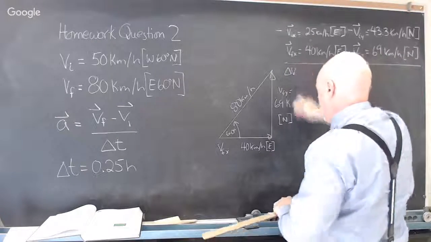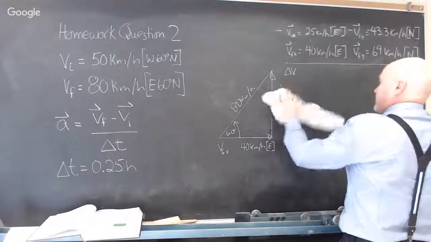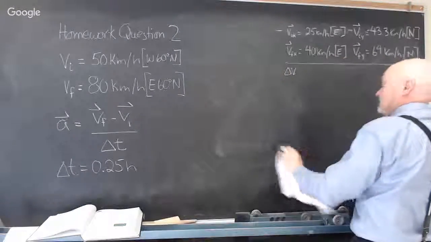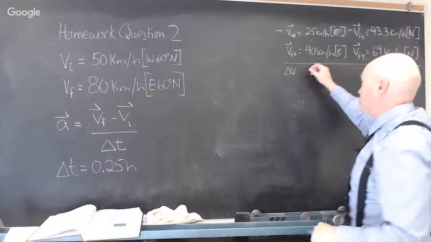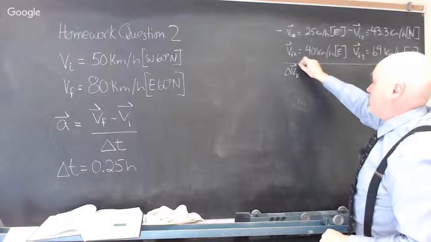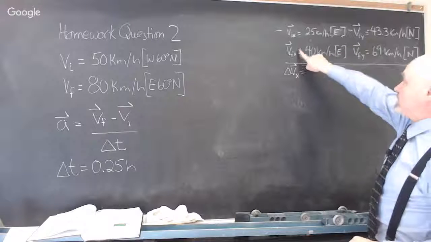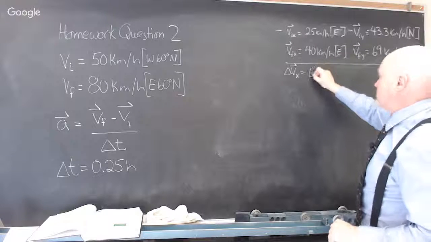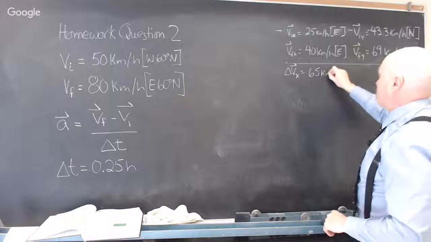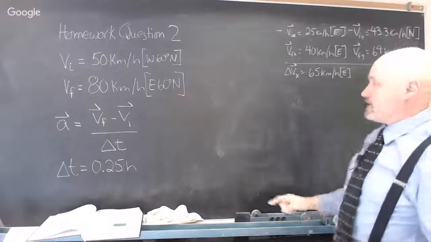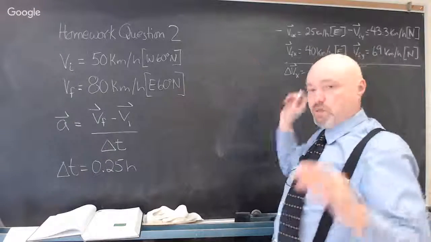So delta Vx, I'm going to get rid of this triangle because that truck is carrying dynamite. I don't want it to go off. Okay, and so VFx minus VIx is 65 kilometers per hour east. And I can see that it was going west and then it switched and it's going east.